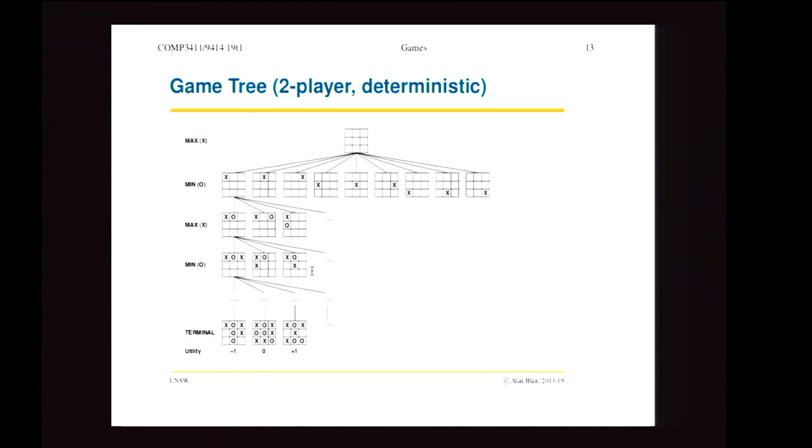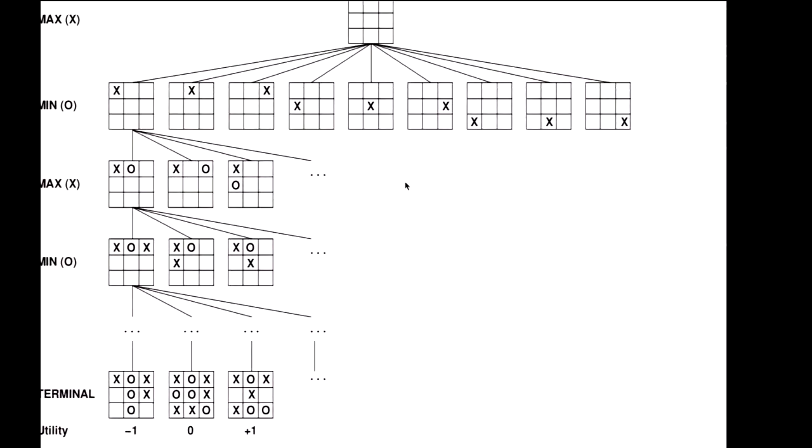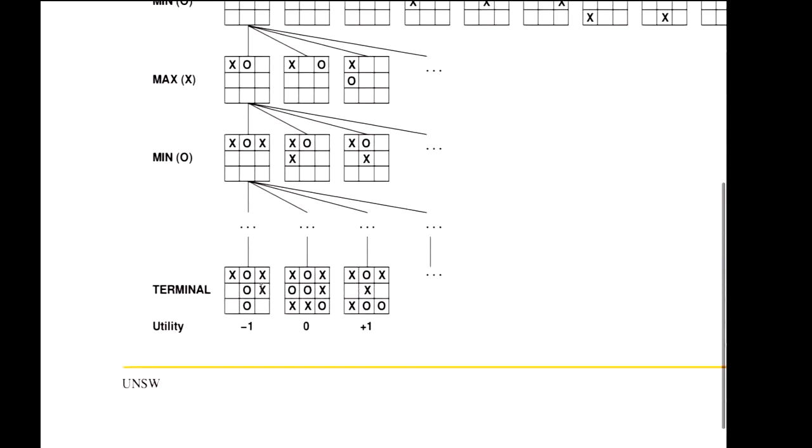If you look at this position here, there's 3 O's in a row. So this is a win for O, so it's considered to be a loss for X. From X's point of view, this is evaluated as -1 because it's a loss.